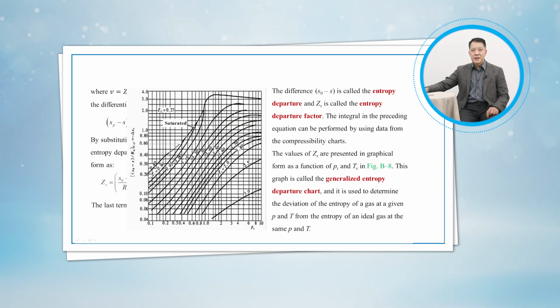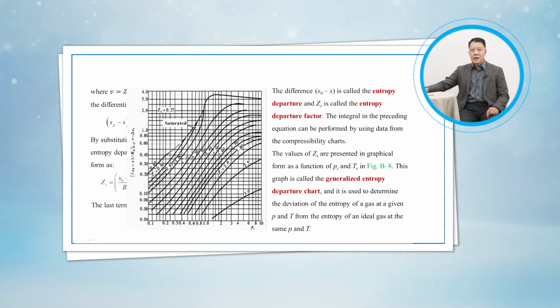The difference s* minus s is called the entropy departure, and Z_s is called the entropy departure factor. The integral in the preceding equation can be performed by using data from the compressibility charts.